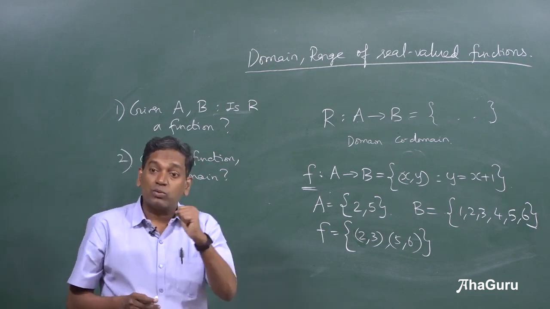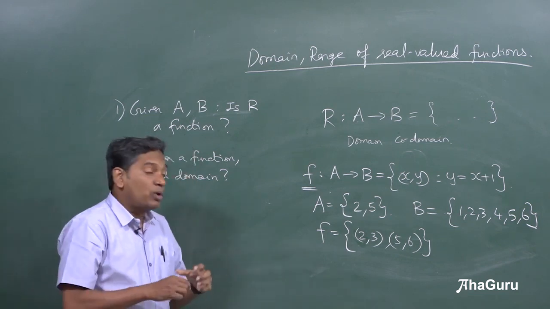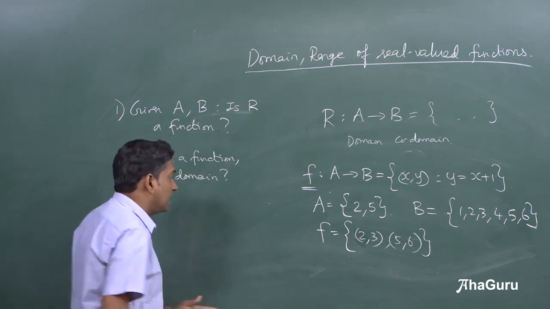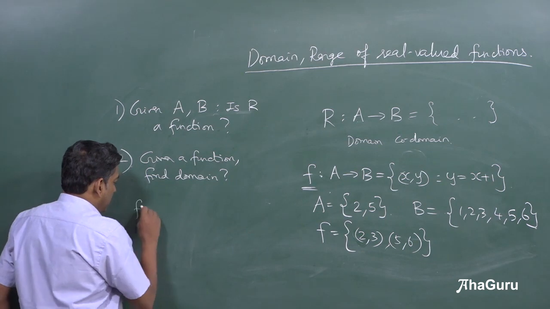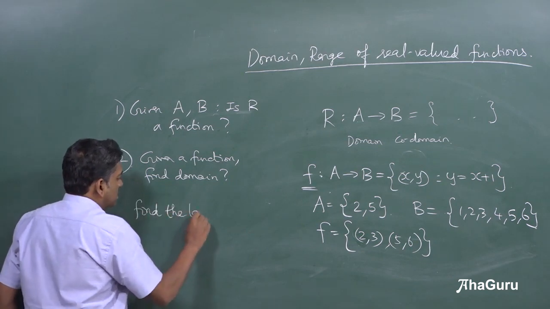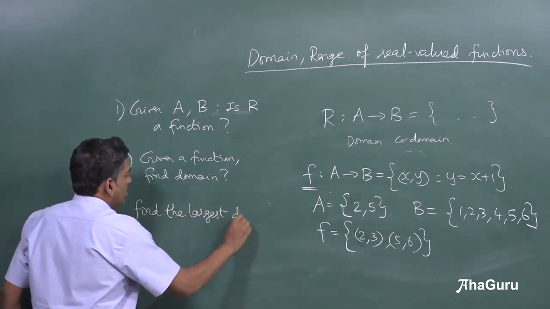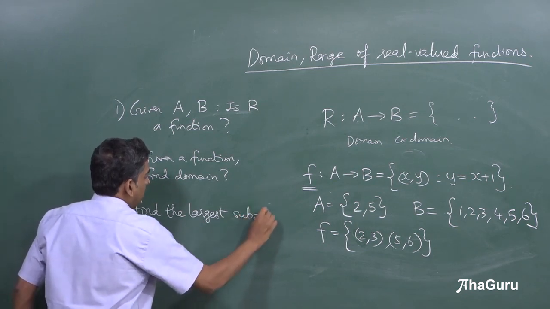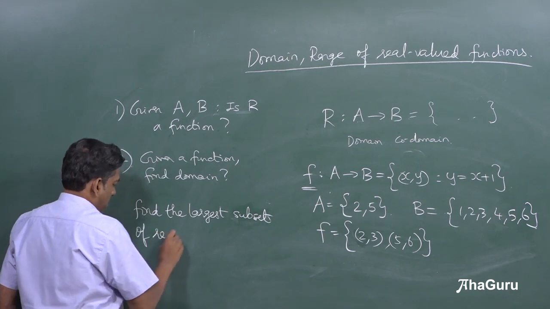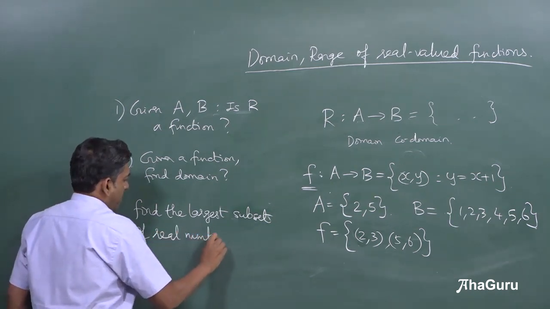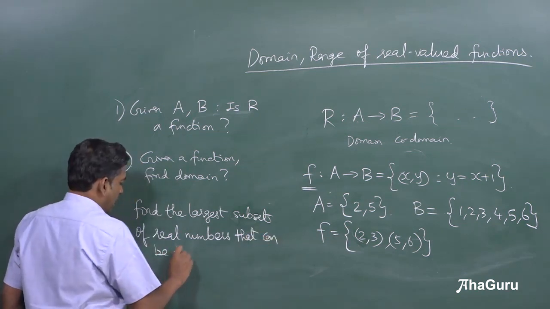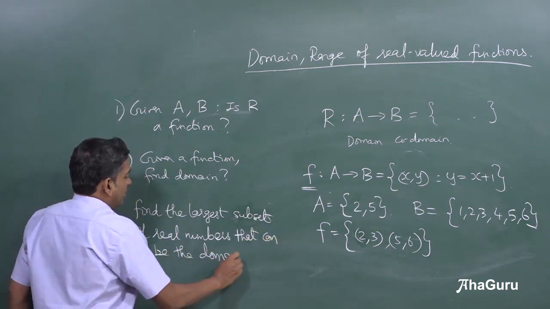So the actual question should have been, which is what people imply but do not state explicitly, find the largest domain, or the largest subset of real numbers that can be the domain. It is a bit of cheating.